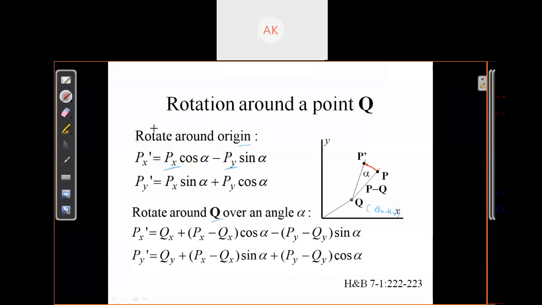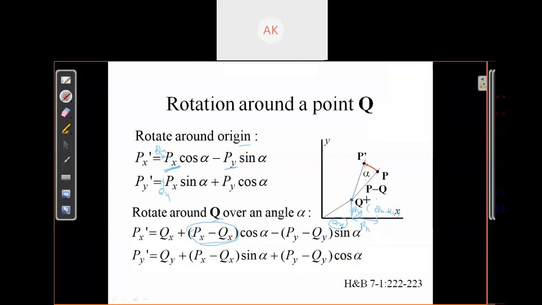Let me explain what is happening here. This is your qx and this distance is your qy. You are adding qx into your x coordinate equation and qy into your y coordinate, and px is changing with this value, px minus qx. This is the difference: this is your px and this is your qx, you subtract px minus qx and you get this term.